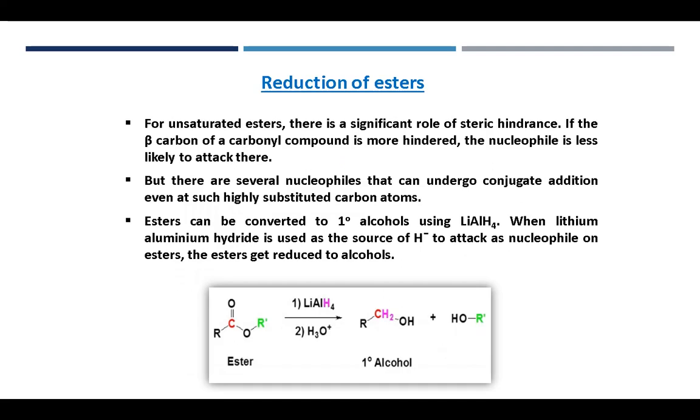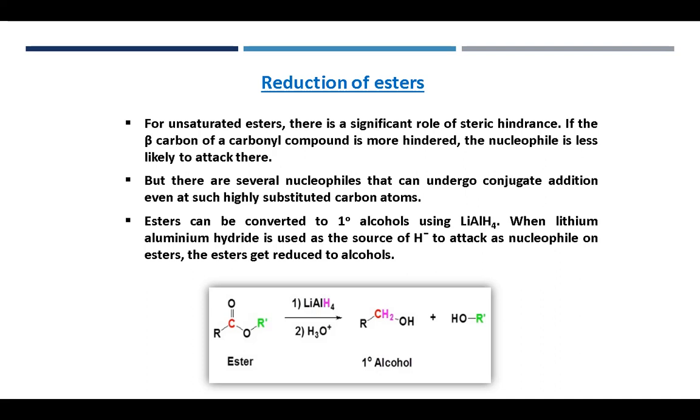Reduction of esters. For unsaturated esters, conjugate addition occurs, and there is also a significant role of steric hindrance. If the beta carbon of a carbonyl compound is more hindered, the nucleophile is less likely to attack there.